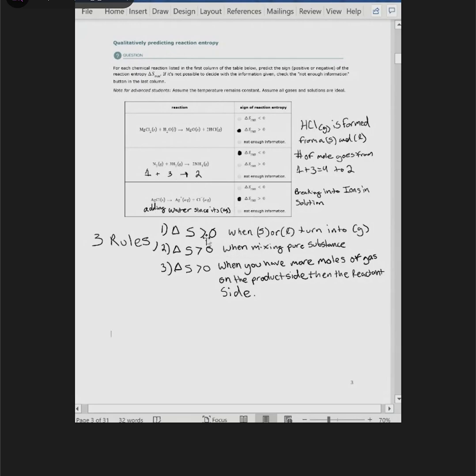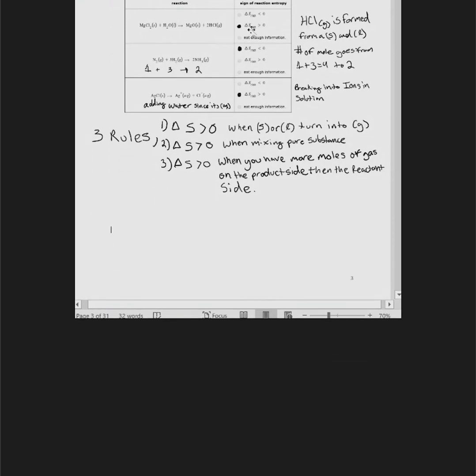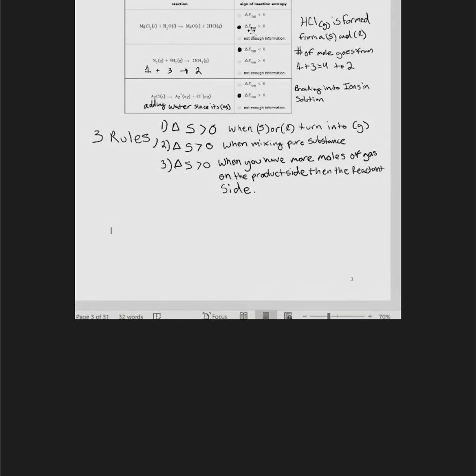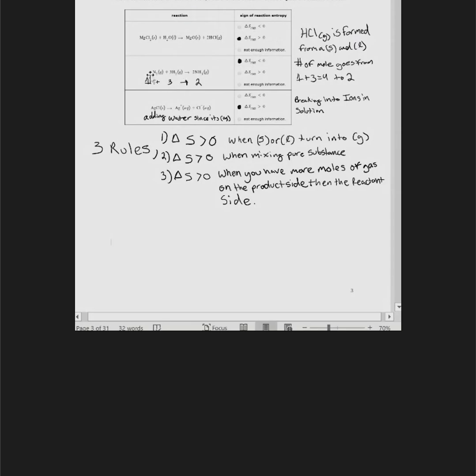So automatically, that's our first rule. So we already know how to answer this one. In this case, since we're going from a solid and a liquid to a gas, we already know our entropy is increasing.